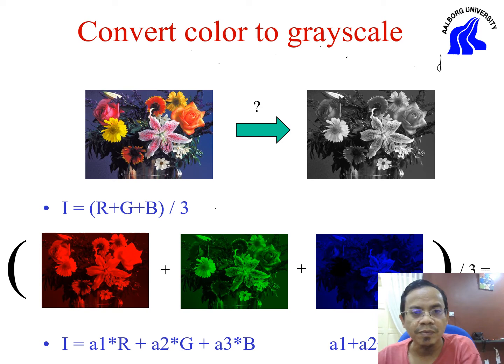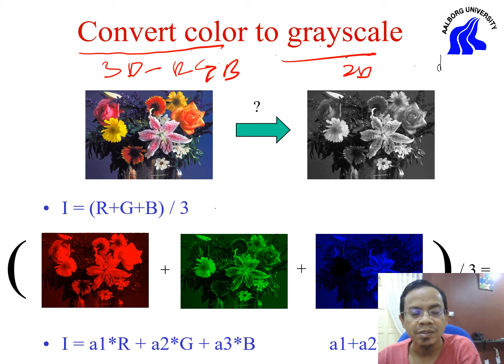So we can perform a color conversion. We convert color to grayscale. Color is three dimensional, which is R, G, and B. Grayscale is only two dimensional: you have a row and also a column.